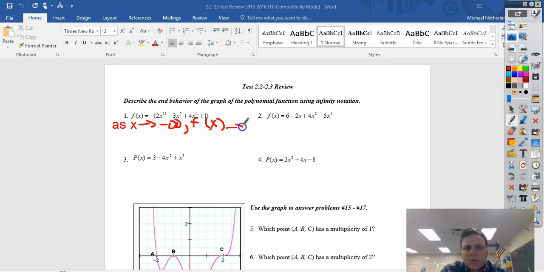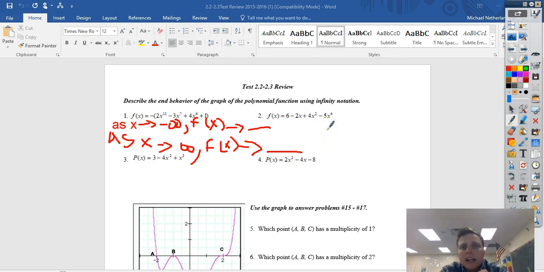And as x approaches positive infinity, what is y doing again? That's just what it wants you to say. F of x approaches what? And so what we do is we just simply look at two things. We look at the degree of the polynomial, and we look at if it's negative or positive overall.